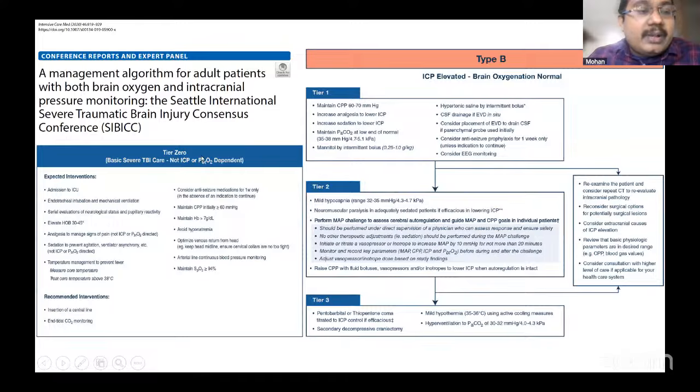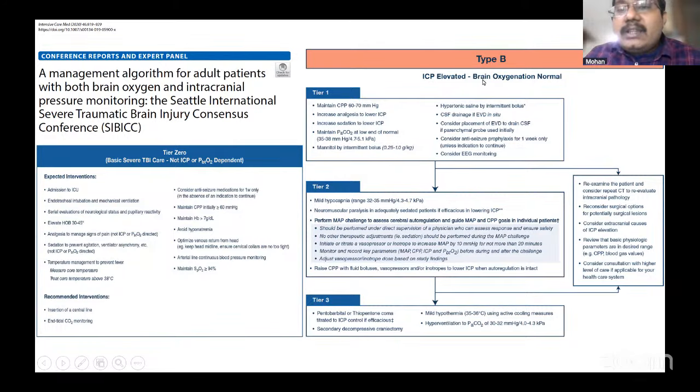In tier 0, they say that you need to do temperature management to prevent fever and to treat core temperature above 38 degrees centigrade. So for all severe traumatic brain injury patients, you need to treat core temperature if it goes above 38 degrees centigrade in tier 0.